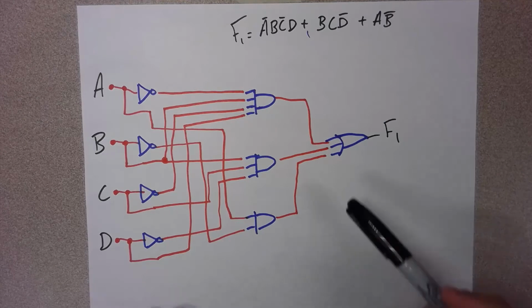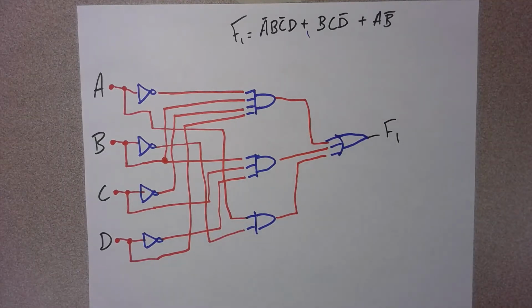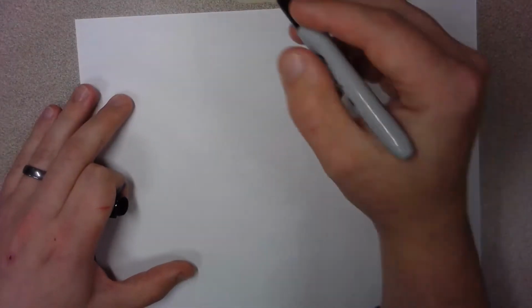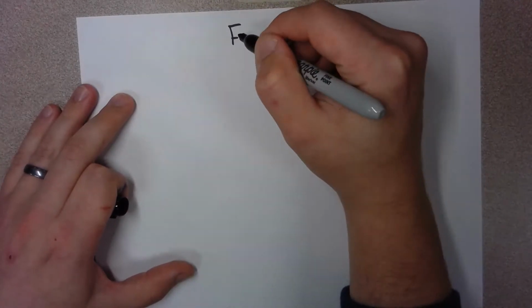So if we're going to take this, we need to look at how we would do that with 2 input or 3 input gates, so we can use it as an application for this class.